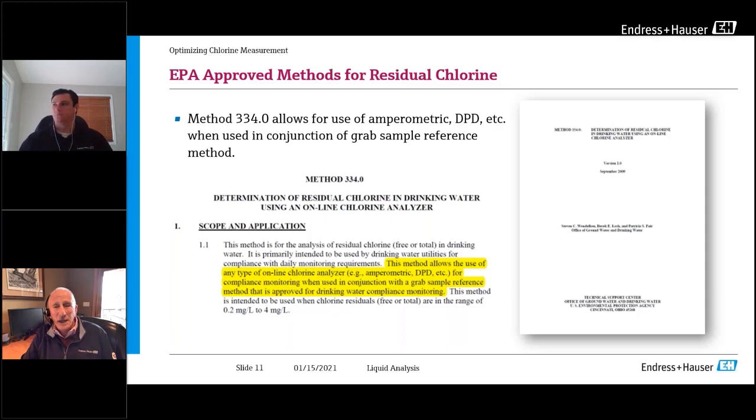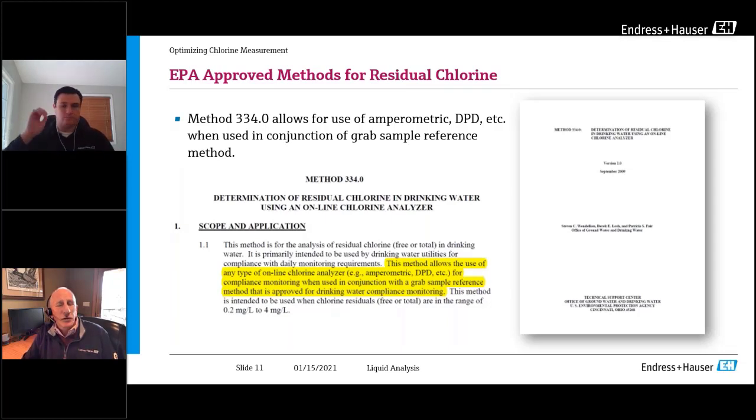So therefore, if you look in method 334, even in the first paragraph under its scope and application, you'll see here highlighted, it says this method allows the use of any type of online chlorine analyzer, i.e. amperometric, DPD, etc., for compliance monitoring when used in conjunction with a grab sample reference method approved for drinking water compliance monitoring.